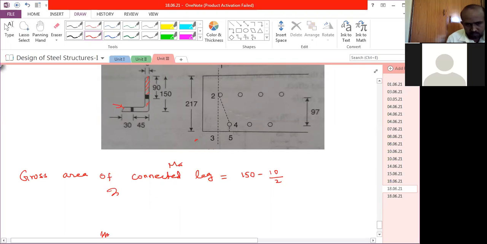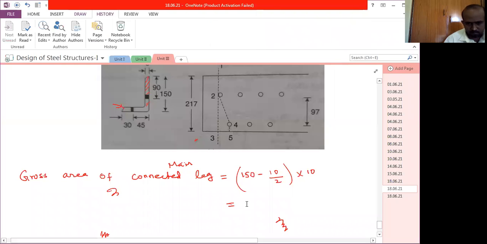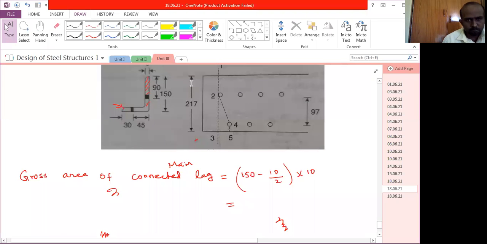Connected leg of main angle, 150 into 10. Please calculate the area and tell me.